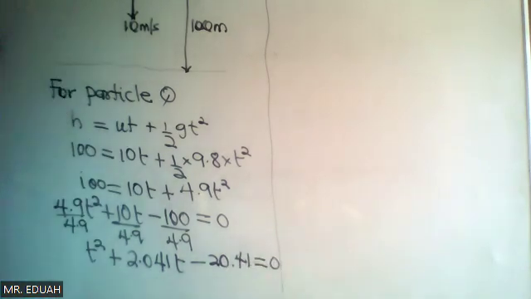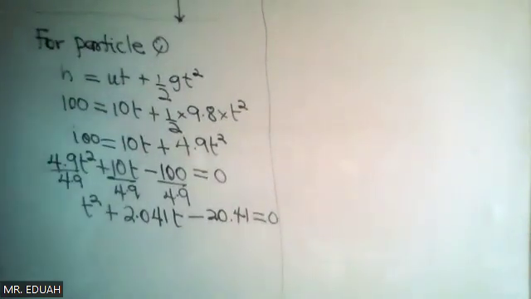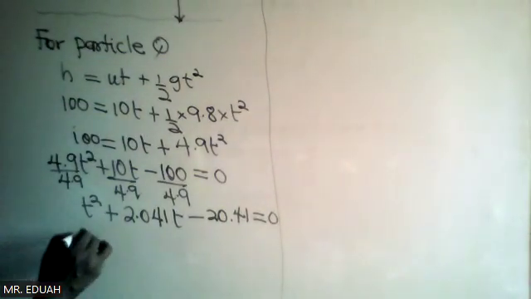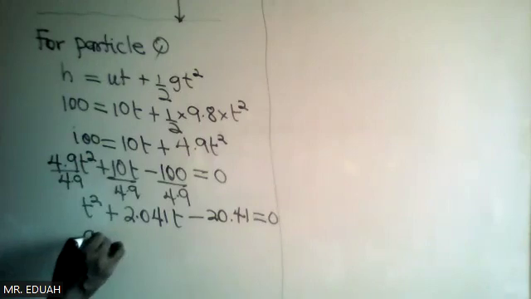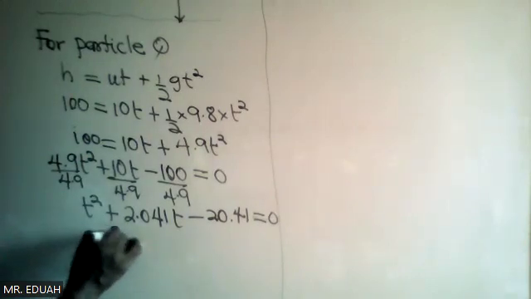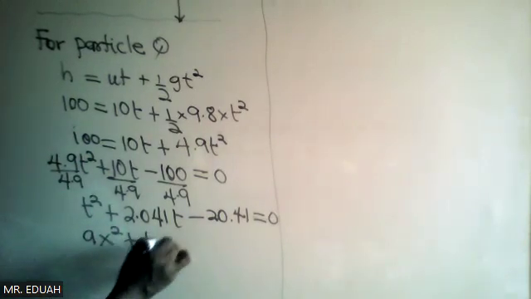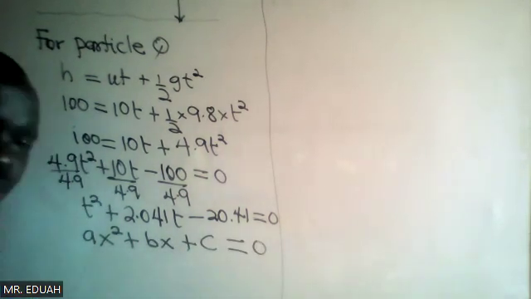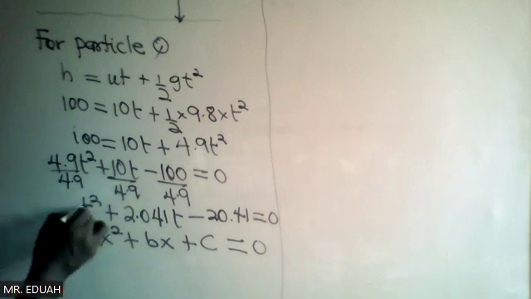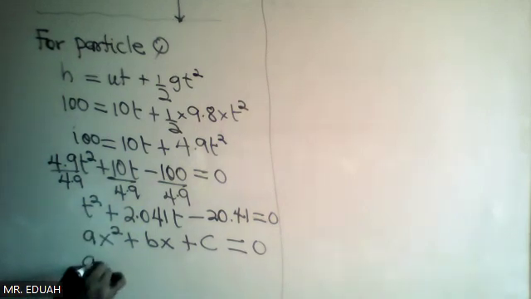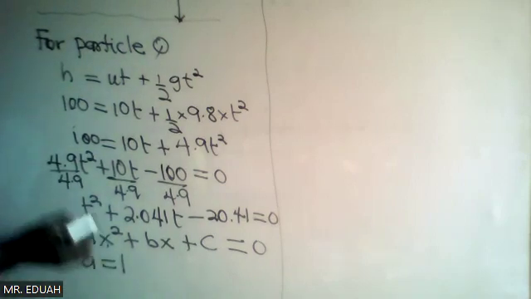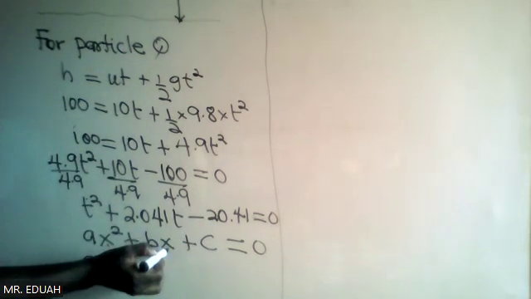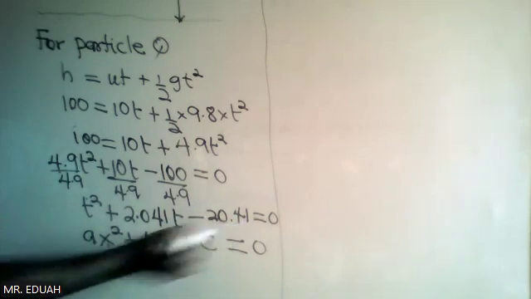I'm approximating it. So now when we compare this to the general quadratic equation, which is ax squared plus bx plus c is equal to 0, we realize that a is equal to 1, meaning x squared is t squared, x is t, and c is this.